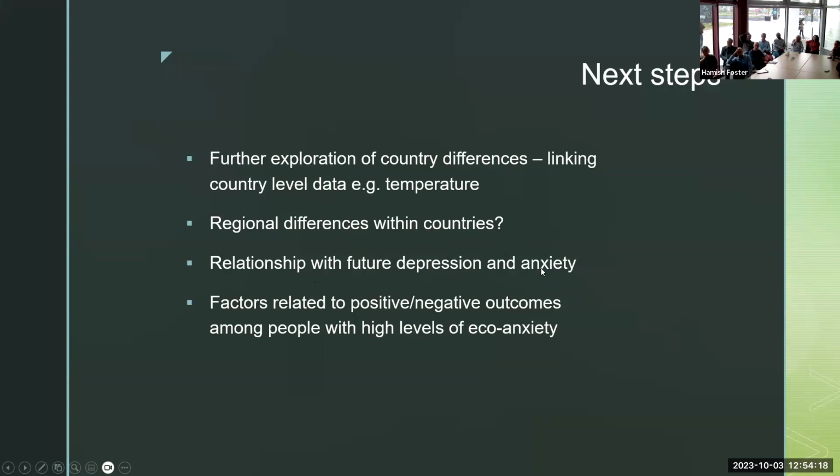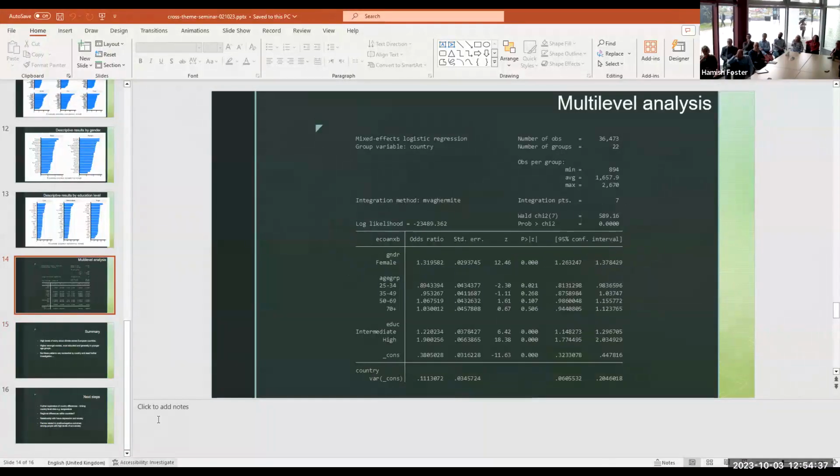So is it a concern in terms of mental health or not, or can it be a good thing? And the factors associated with who it becomes a problem for and who it becomes a good thing for. I think that's it.